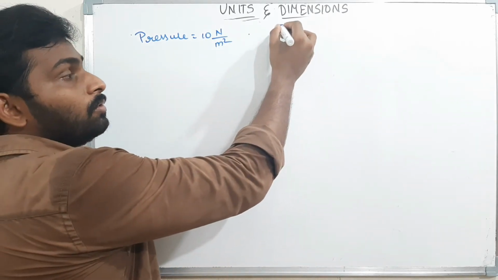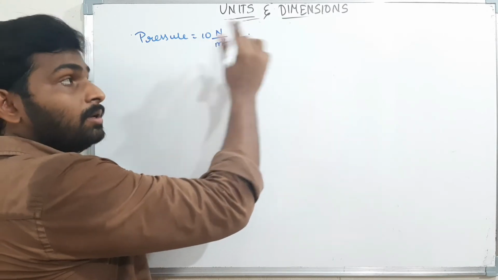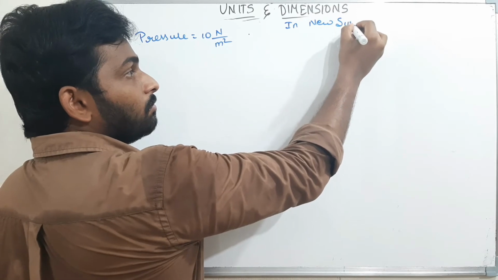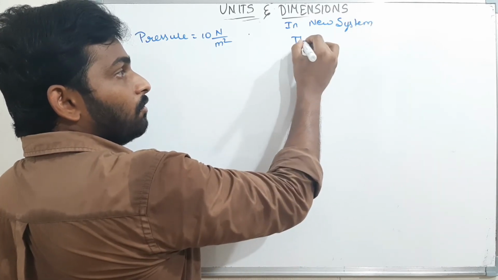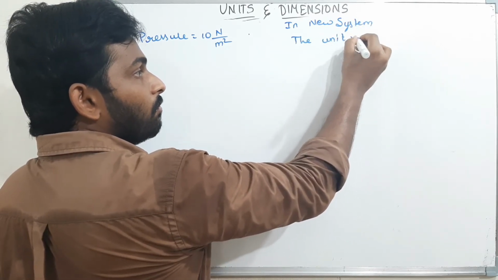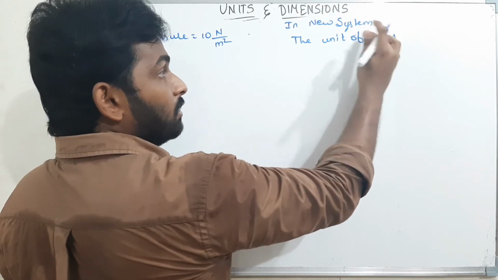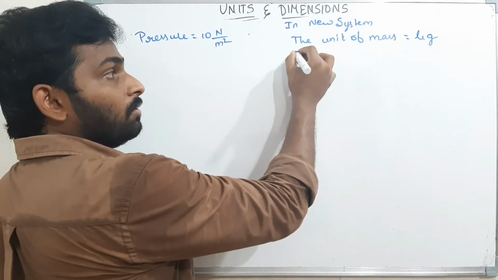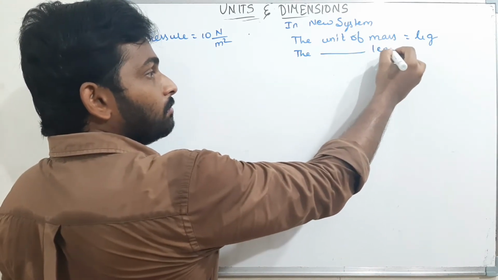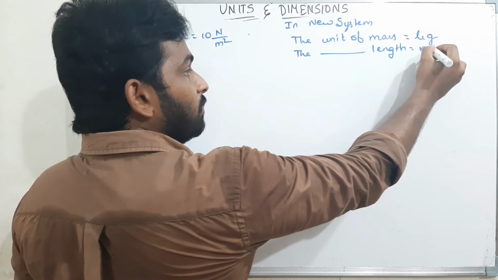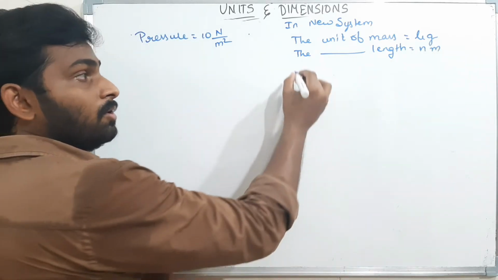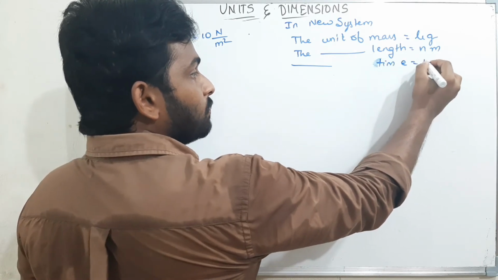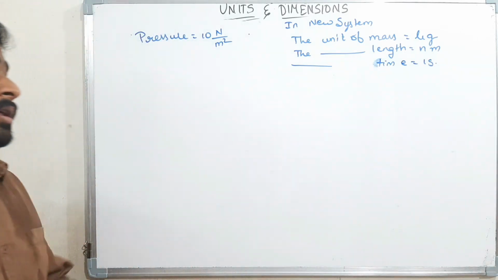And now they told to find the value of pressure in the new system, where the unit of mass in this new system is 1 microgram, where the unit of length is 1 nanometer, where the unit of time is 1 second.